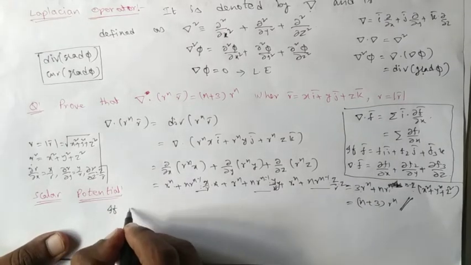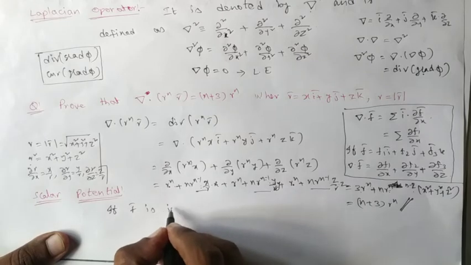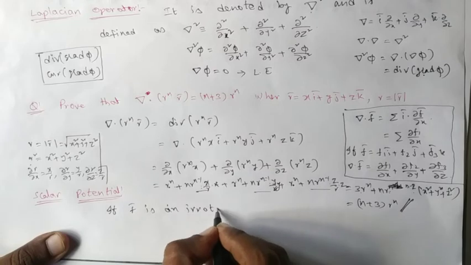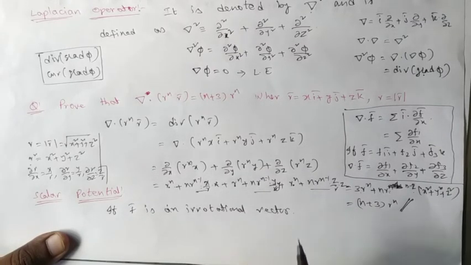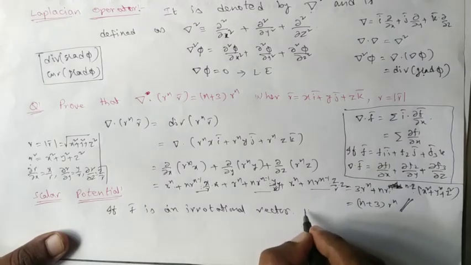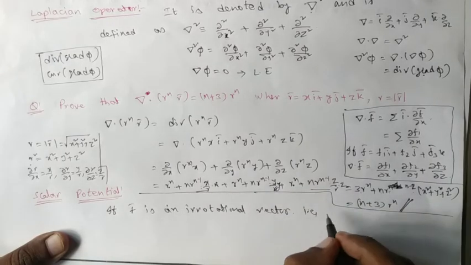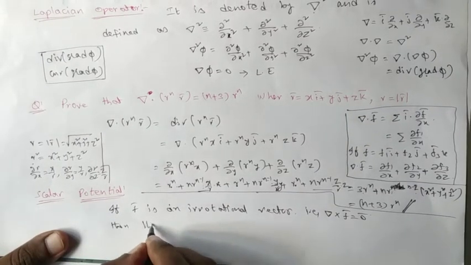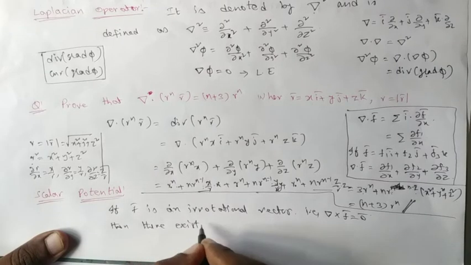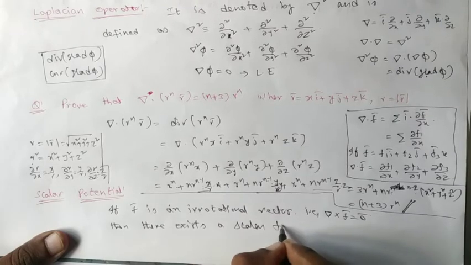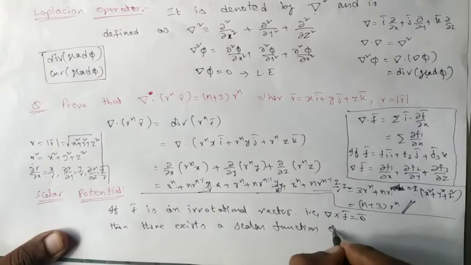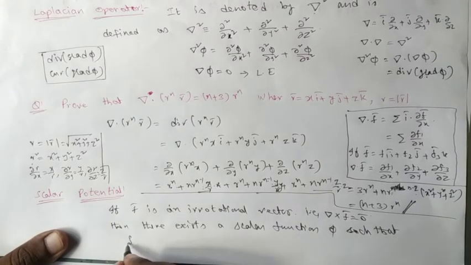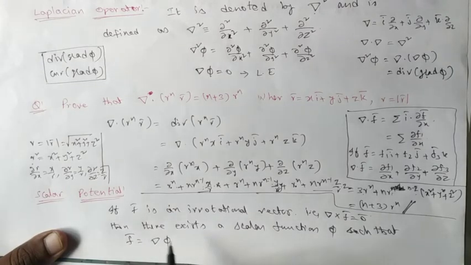If f̄ is an irrotational vector, that is, del cross f̄ equals 0̄, then no doubt there exists a scalar function phi such that f̄ equals grad phi. Whenever it is an irrotational vector field, there exists a scalar function phi such that f̄ equals grad phi.